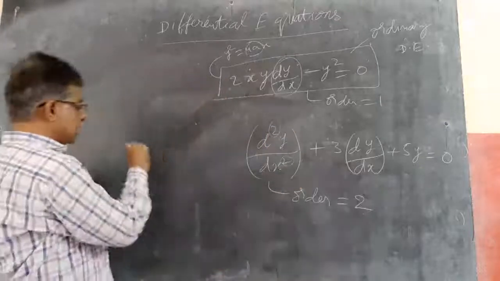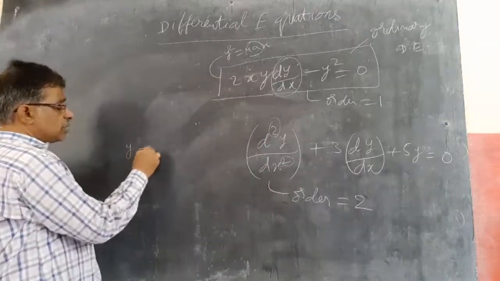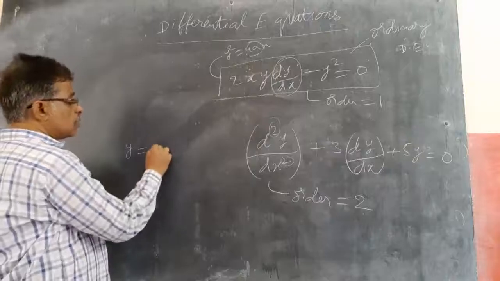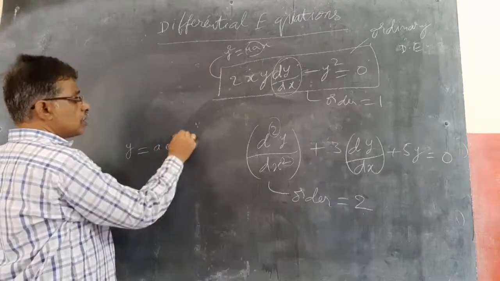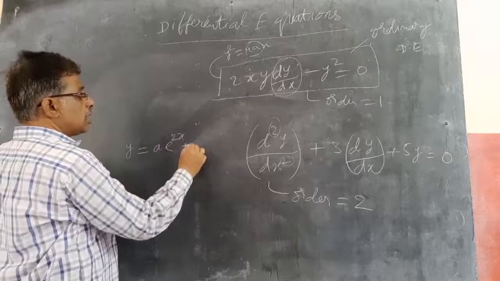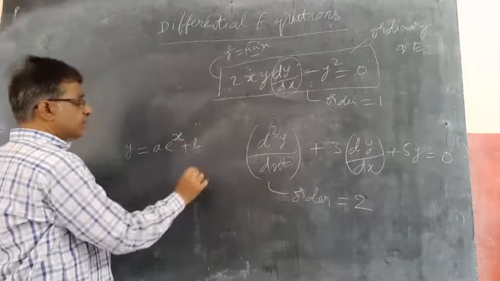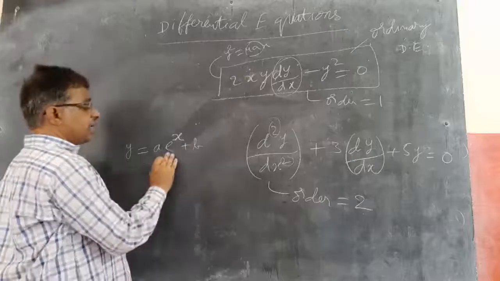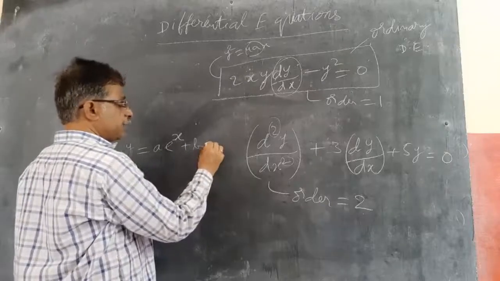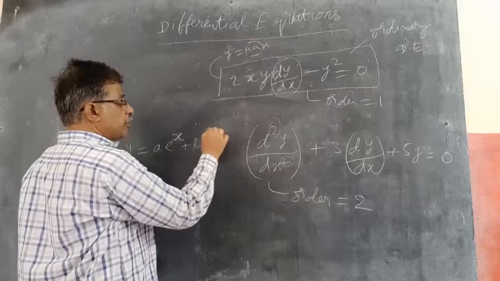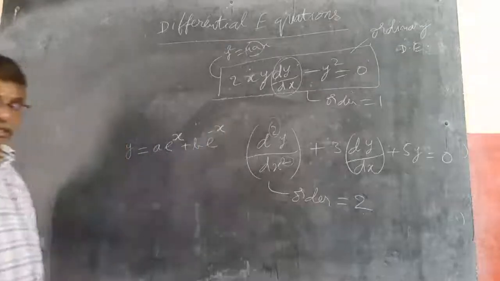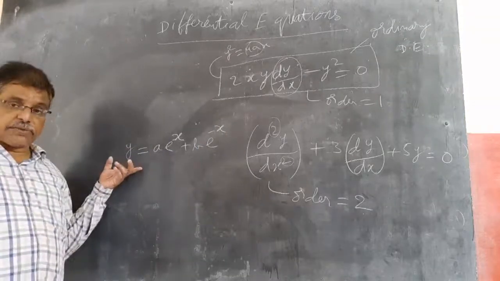Like for example, another example, y is equal to a into e power x plus b into e power minus x. Just for your convenience I am taking this. This is the ordinary equation. What is the differential equation of this?